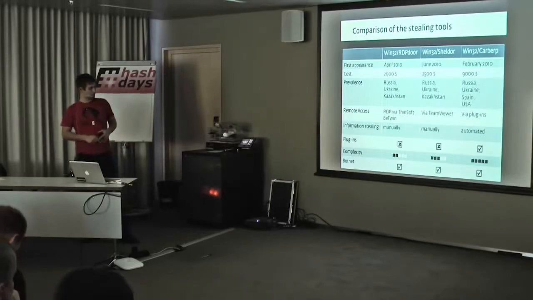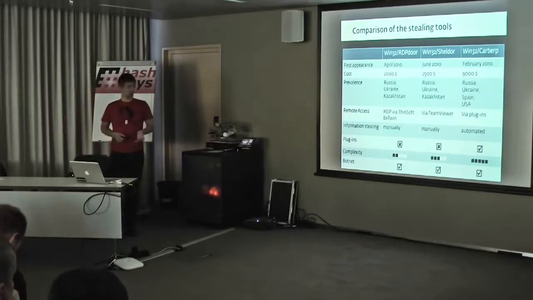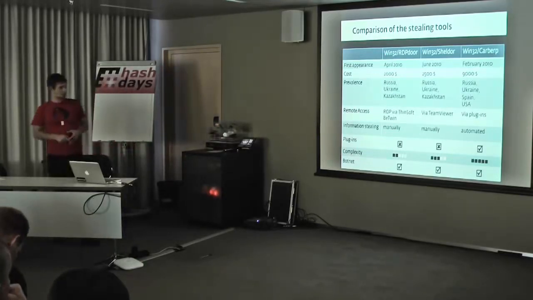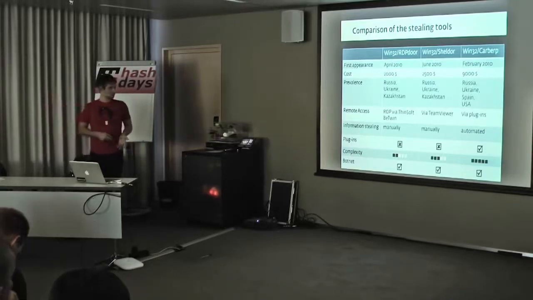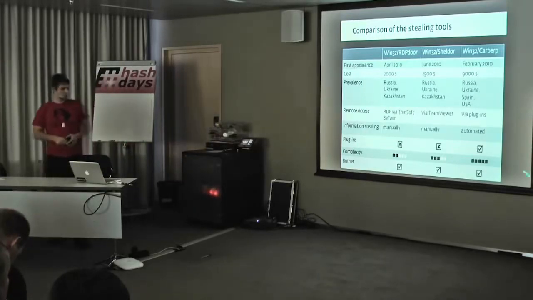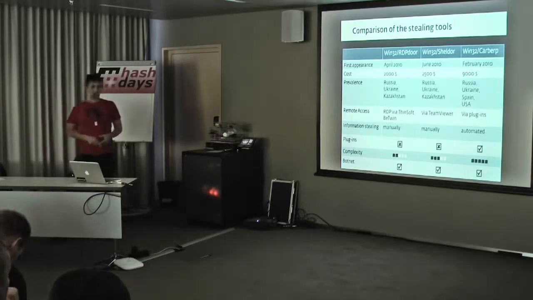The functionality that it's using for remote access is different in all of these three. Carberp is modularized, targeting specific banks, and over here, the information stealing has to be done manually. The complexity of the code when reverse engineering is obviously the highest with Carberp, and the similarity between all of these is that they all form botnets.